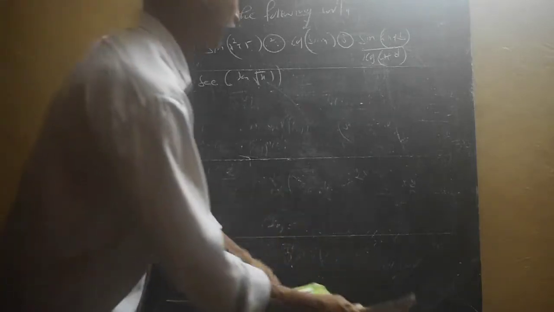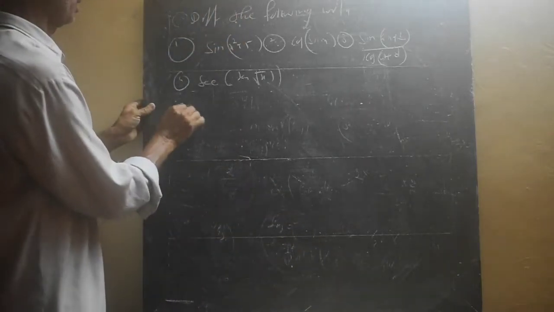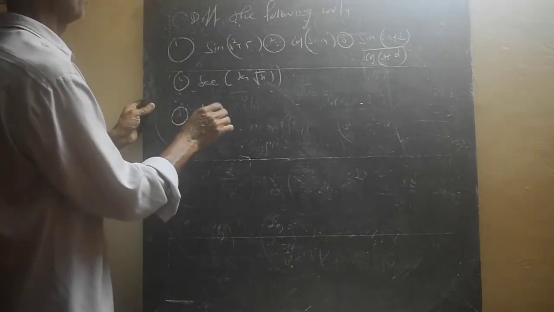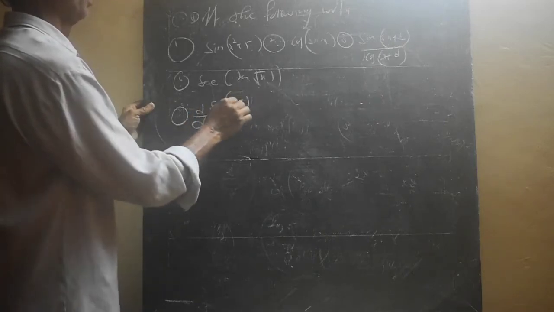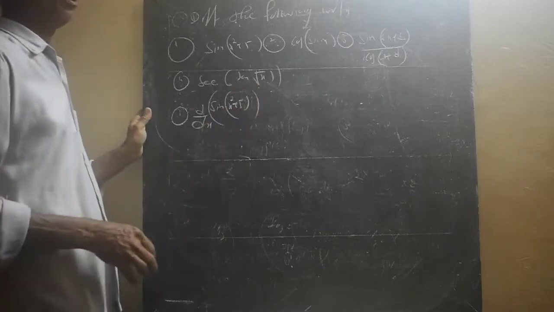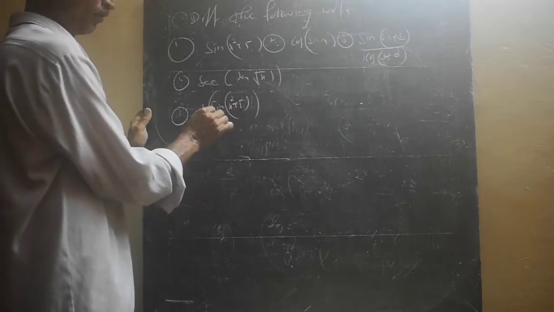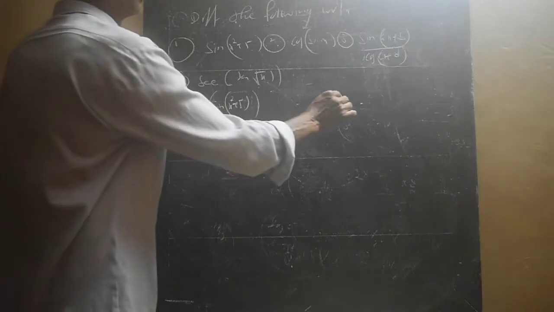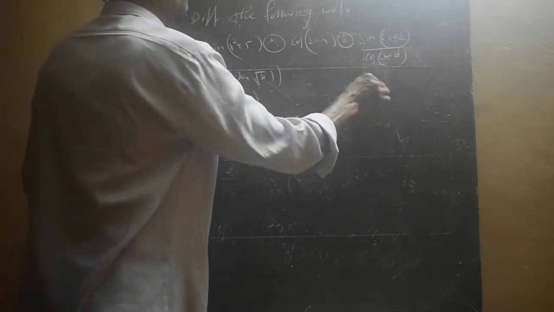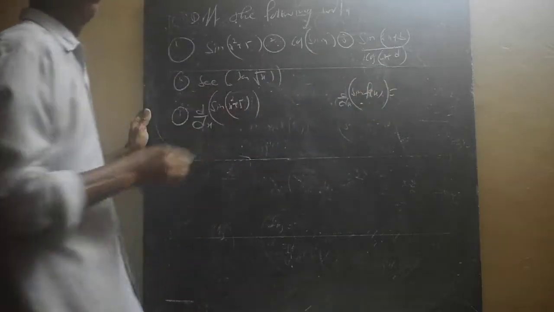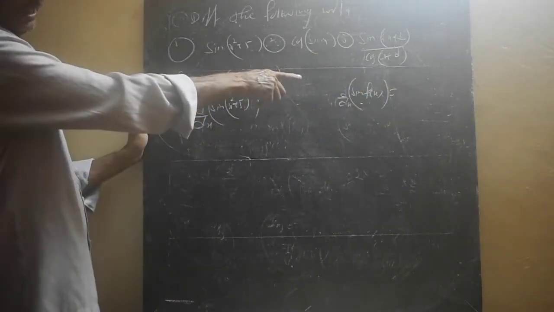Okay, one by one. Let's take d by dx of the first one, d by dx of sine of x square plus 5. Now you are in the sine f of x form. It is not only sine, it is sine f of x. Orally, I will take the form. I won't repeat the formula again and again by writing.